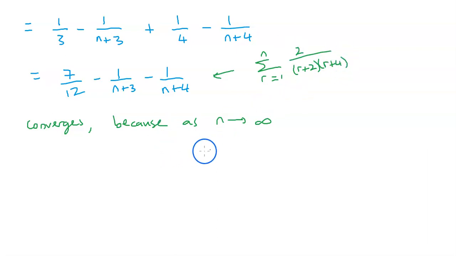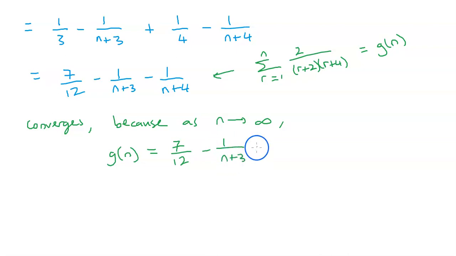This sum here, let's just call it g of n. We have that g of n is equal to 7 over 12 minus 1 over n plus 3 minus 1 over n plus 4.